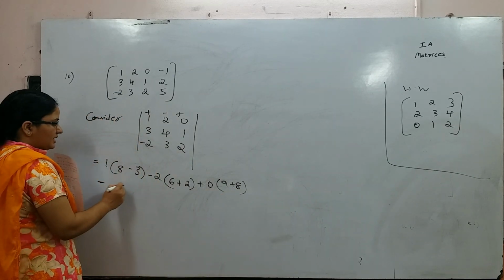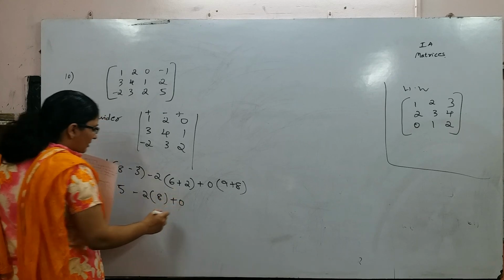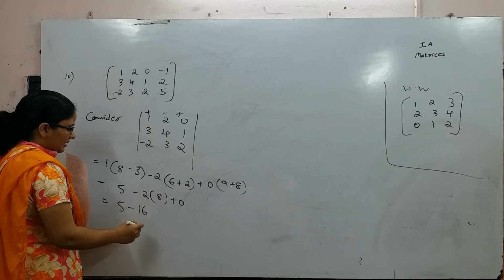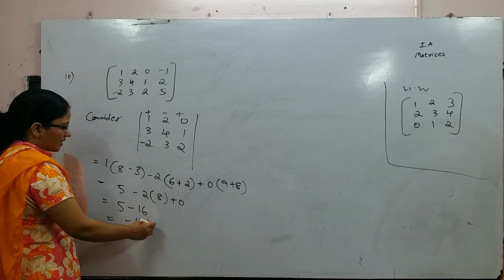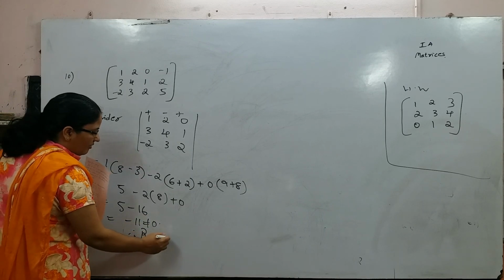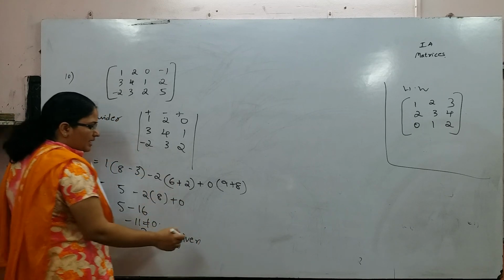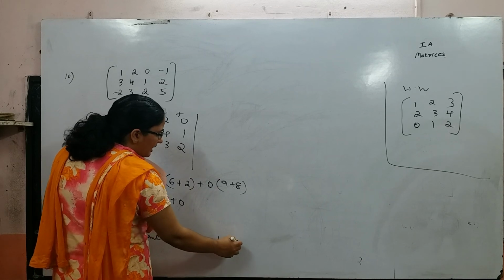This is 8 minus 3, 5, minus 2 into 6 plus 2 is 8, plus 0. 5 minus 2 eights are 16. 5 minus 16 is minus 11, which is not equal to 0. Therefore, the rank of the given matrix, because we have taken a 3 by 3 matrix, is 3.